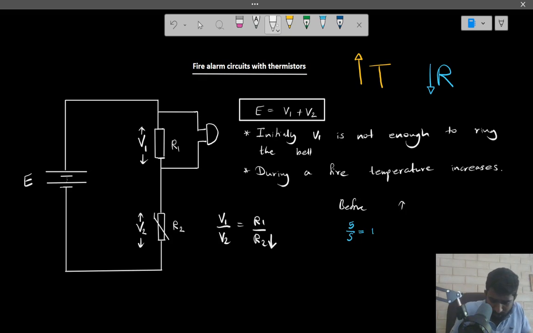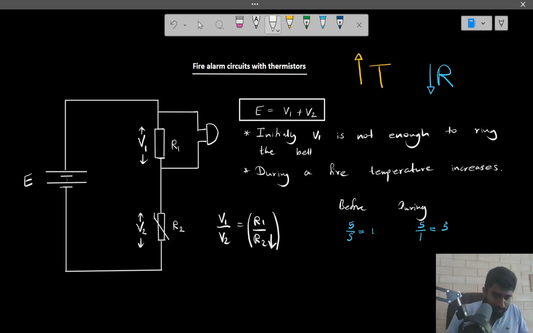But during a fire, R2 decreases. Let's imagine the resistance goes to 1. Then you will get 5, which means the number given by this fraction will increase. Before it was 1, and during the fire it is 5.